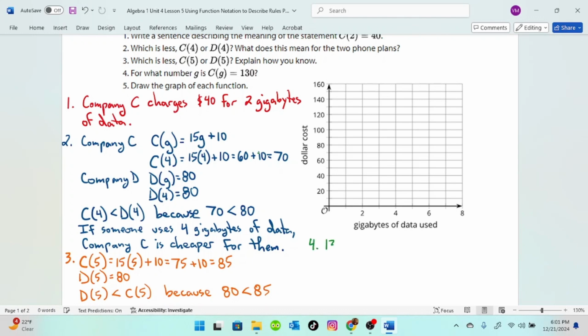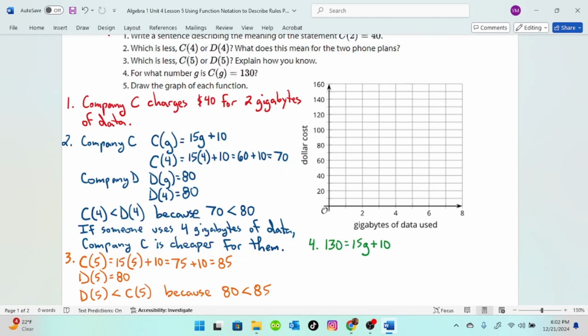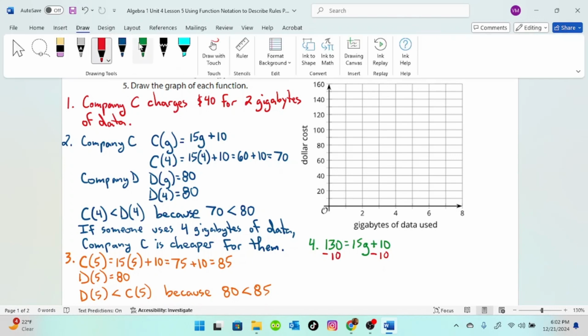So we're going to say 130 equals 15G plus 10. Now I need to solve for G. So the first thing I'm going to get rid of is this plus 10. The opposite of plus 10 is minus 10, and I'm going to do it to both sides to keep it equal.